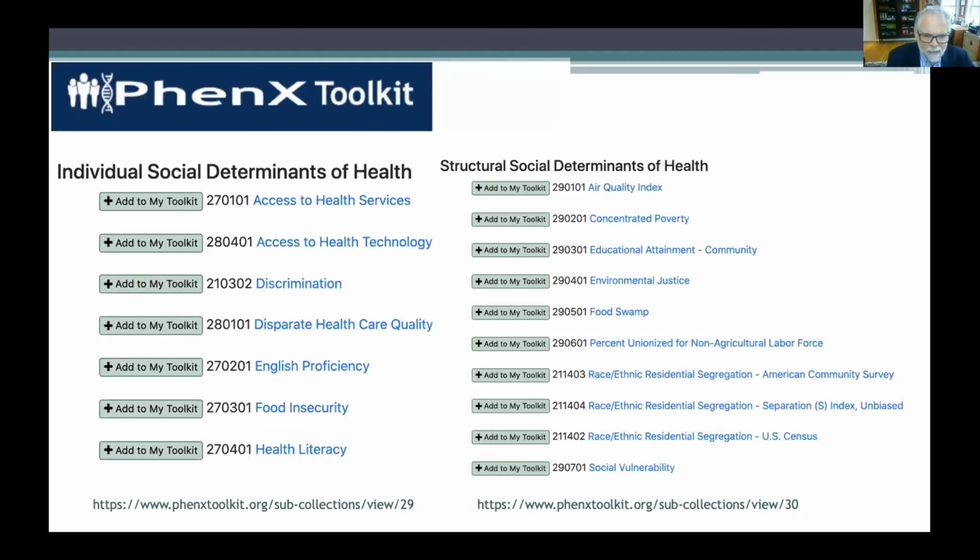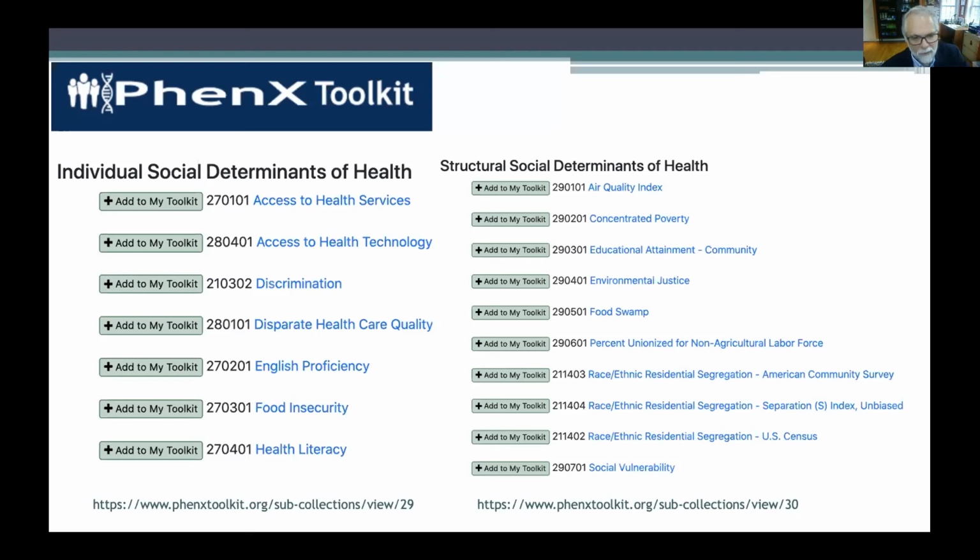Next slide. Here are examples of the individual social determinants toolkits and the structural social determinants. These are only some of the examples. I believe all of the structural determinants fit into this one slide, but the individual ones are a total of 12 measures. Some of the individual ones repeat some of the ones in the core, but none of the structural ones are repeated from the core. As the titles indicate, the individual level are at an individual level.